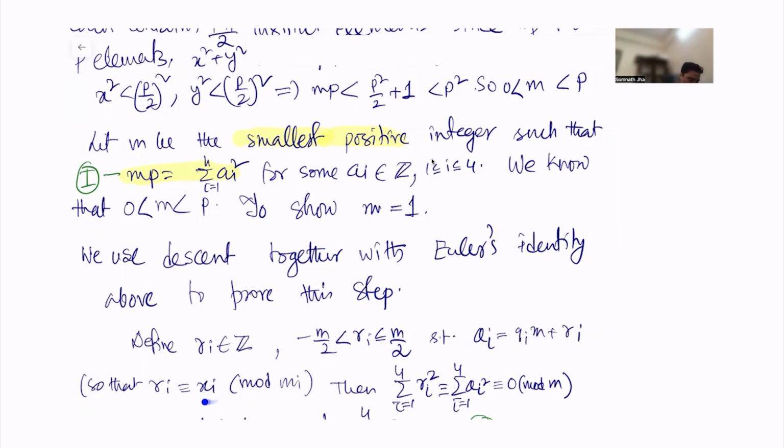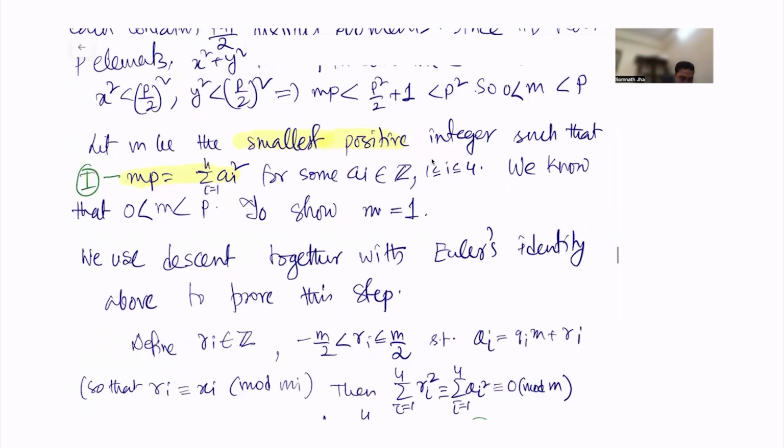Of course this Ri is an integer. You get that ai is congruent to Ri mod m, and that's by construction.